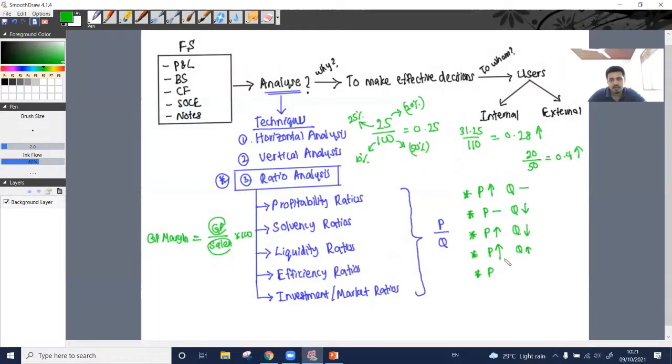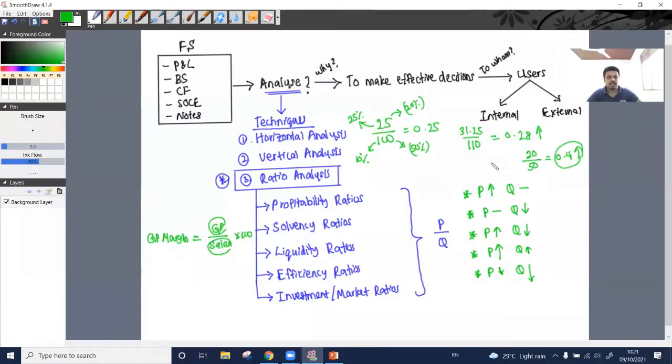If we decrease our denominator at a higher rate compared to the rate at which the numerator decreases, what happens? Our ratio improves.